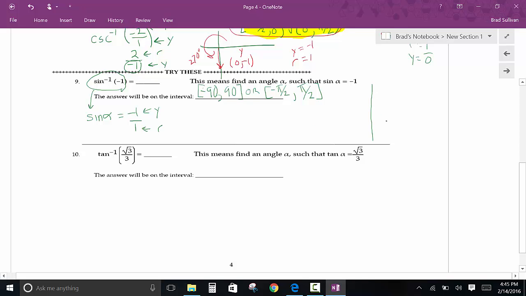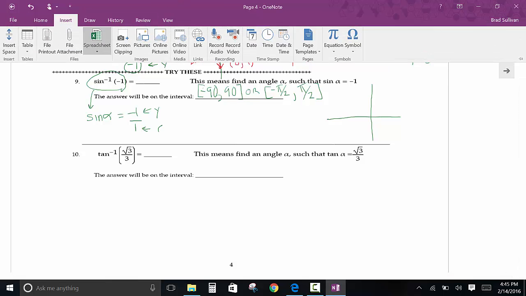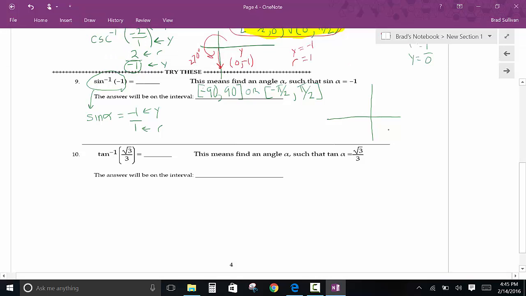There's only one place where that occurs on a graph, and that would be down here. Okay, so you would have to be down at this point right here, like this, and that would be the point 0, -1. So y would be -1, and r is just this radius right there.